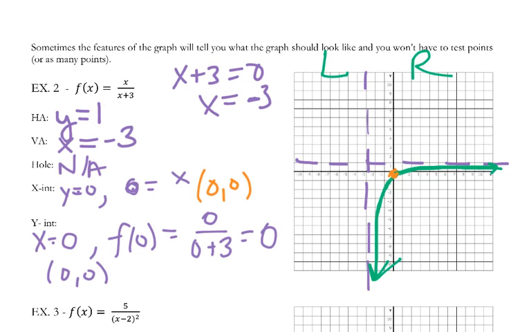Okay, let's check out the left-hand side. On the left-hand side, if I wanted to graph my function down here, like this, hugging the asymptotes, I would create a new x-intercept. I would have to cross the x-axis. But we don't have an x-intercept at negative 6. So this part can't be correct.